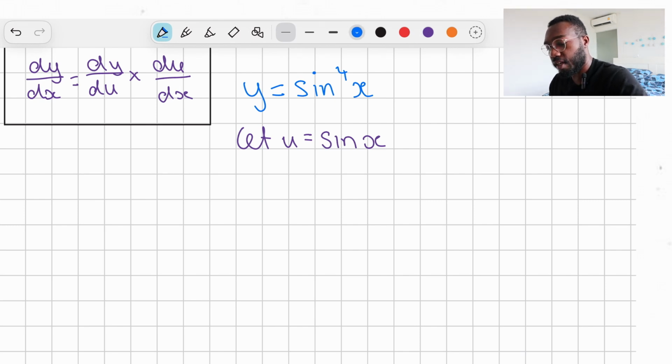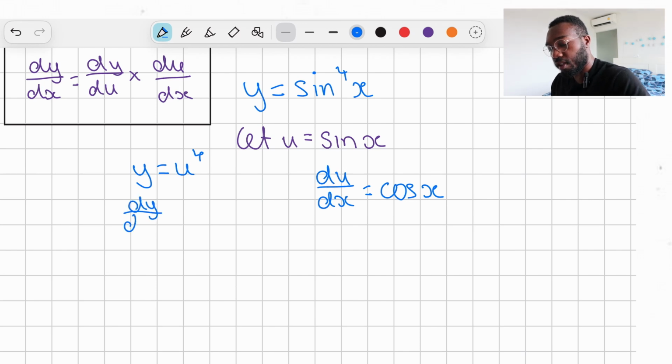So du over dx is equal to cos of x. We know that sine x just differentiates to cos of x. And over here we have that y now is equal to u to the power of 4. So if we differentiate that with respect to u, dy over du is equal to 4u^3.